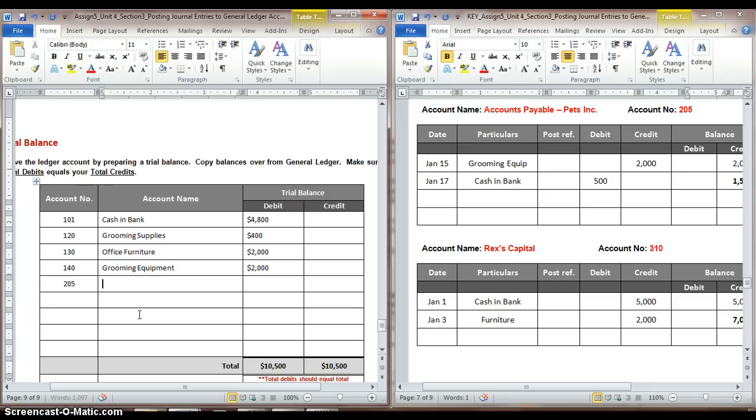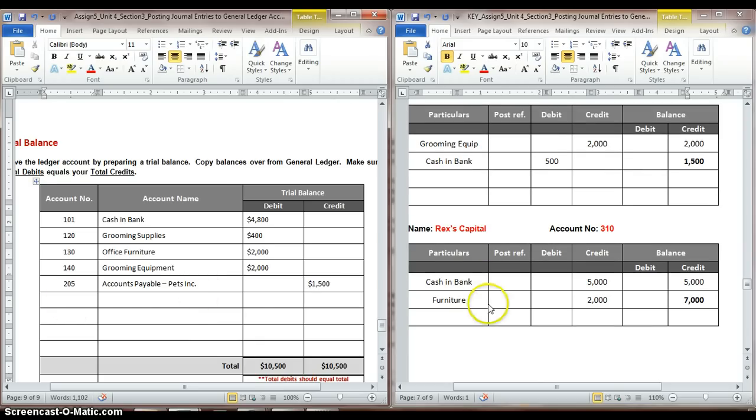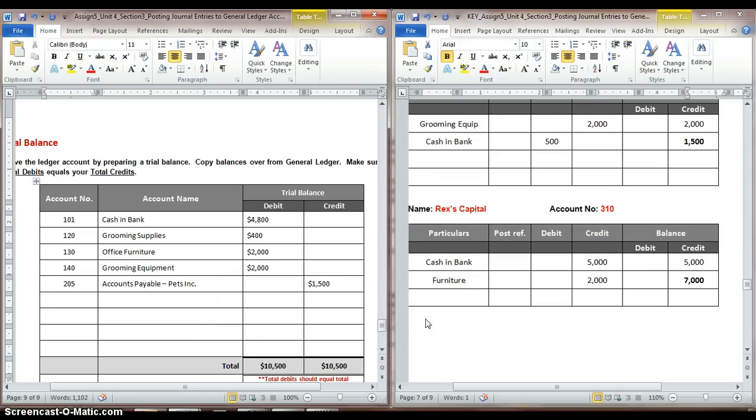Account number 205. This is accounts payable, Pets Incorporated. And now this one has a credit balance of 1,500. So we'll copy that over into our credit side. Our next account is 310, which is Rex's Capital.